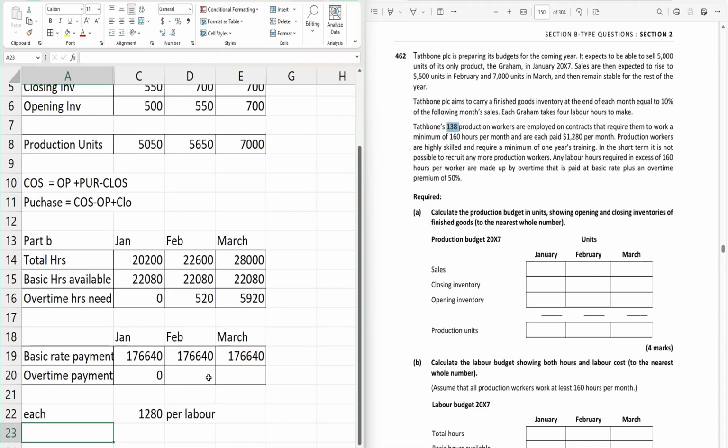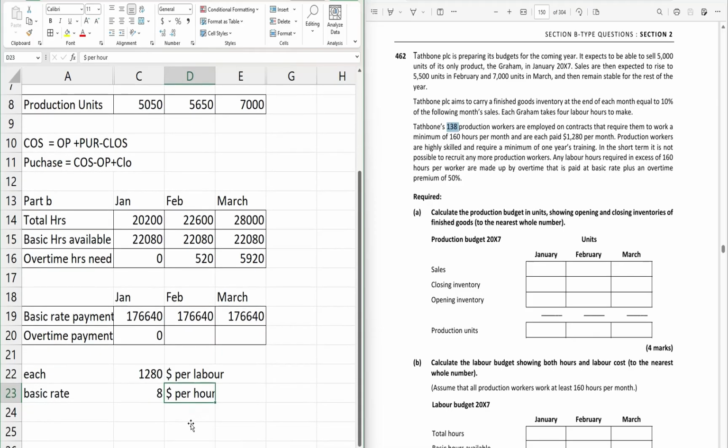So the basic rate, this is the cost, and we will divide by 160. That means they are being paid 8 per hour. So this is dollar per labor, and the one below is dollar per hour. Okay, so we got our dollar per hour.